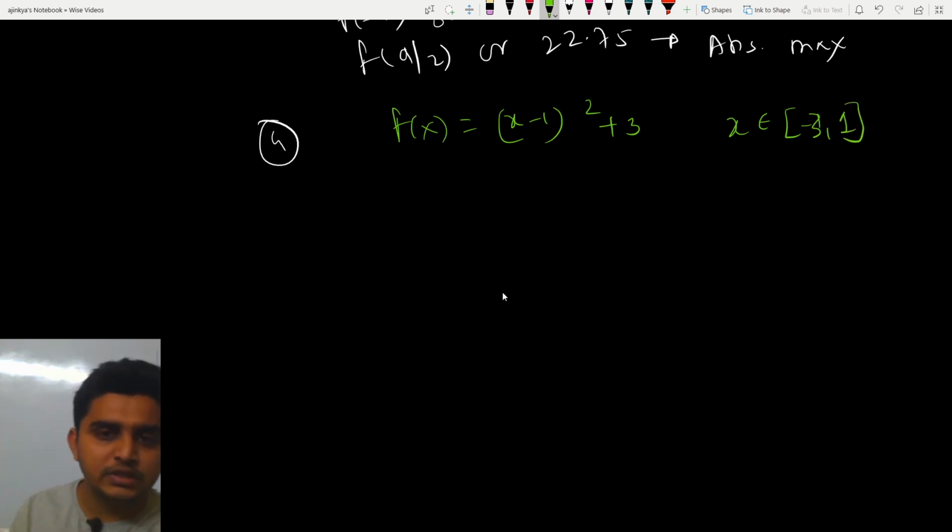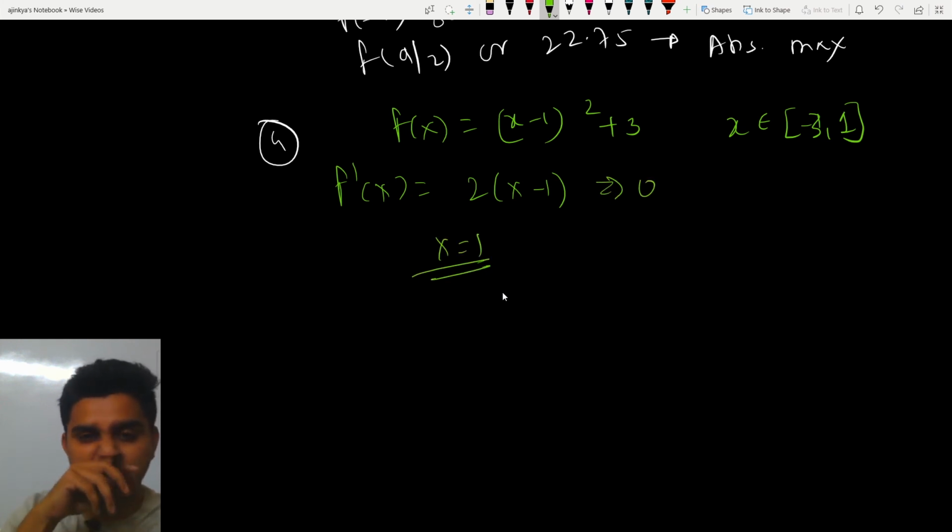In this one also we are going to use the first derivative and second derivative tests to find if there are any turning points. In the first derivative test, f dash of x is 2 times x minus 1. If we equate this to 0, then we have x equals 1.